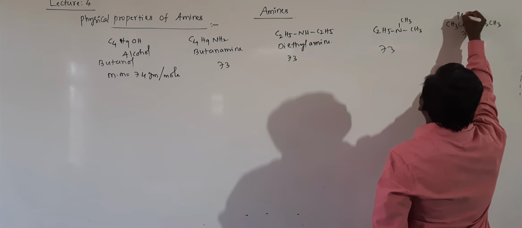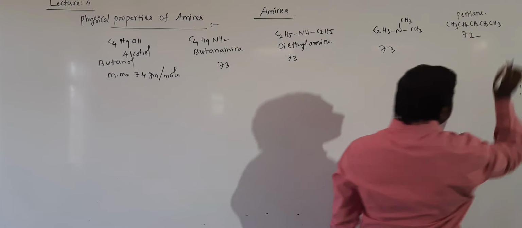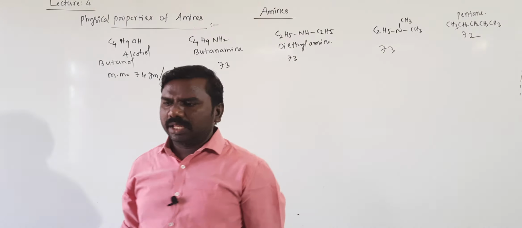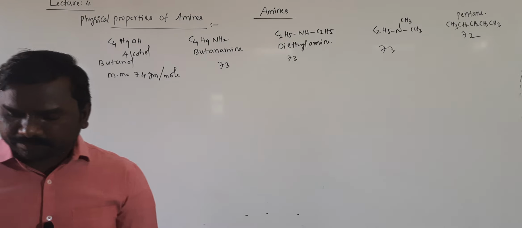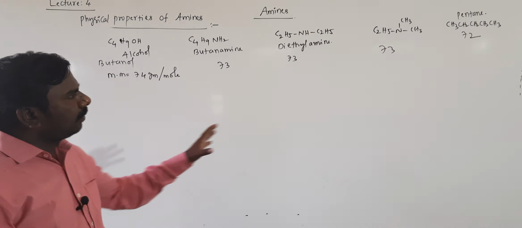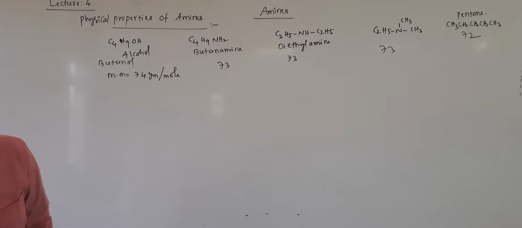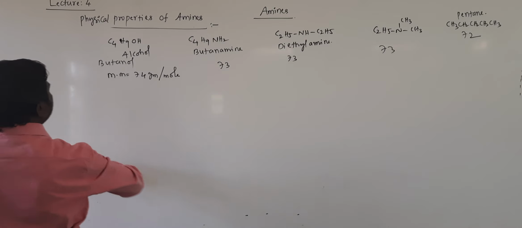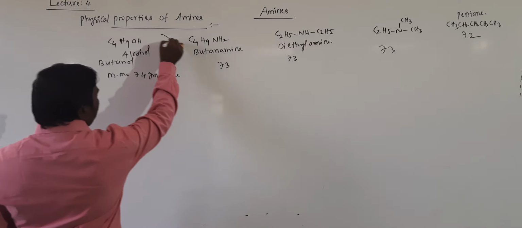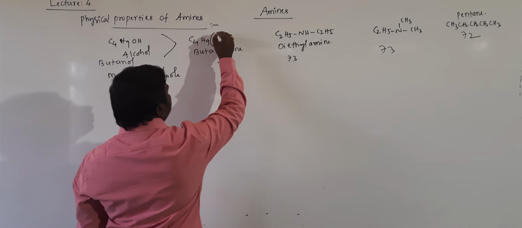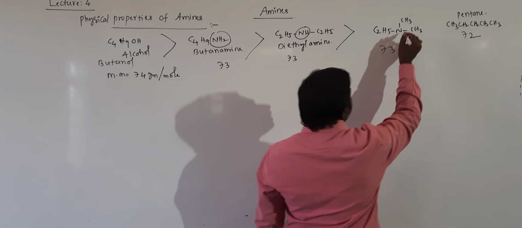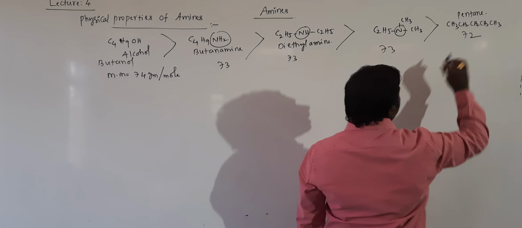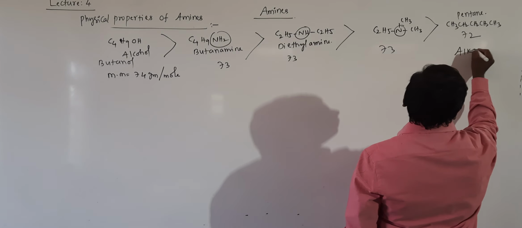It is pentane, an alkane, students. So if you observe clearly, the molecular mass is almost the same, and the boiling point order is alcohol greater than NH2 primary amine greater than NH secondary amine greater than N tertiary amine greater than alkane.